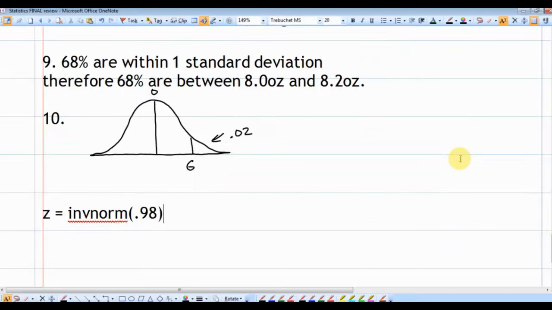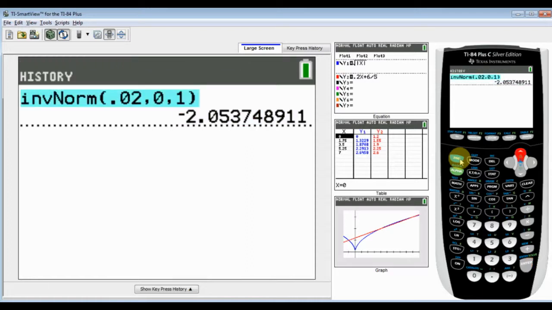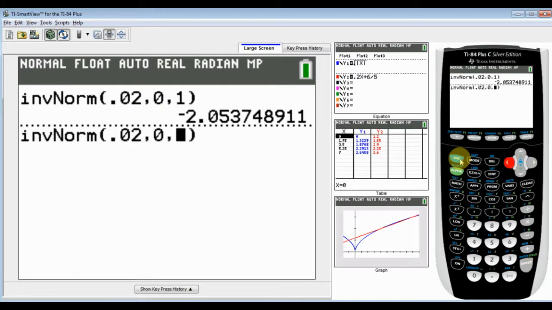Oh wait, why did I do 0.02? 0.98. I'm going to get 2.05, right? Are you comfortable with that? I put the wrong number in, but I should just get the same thing.